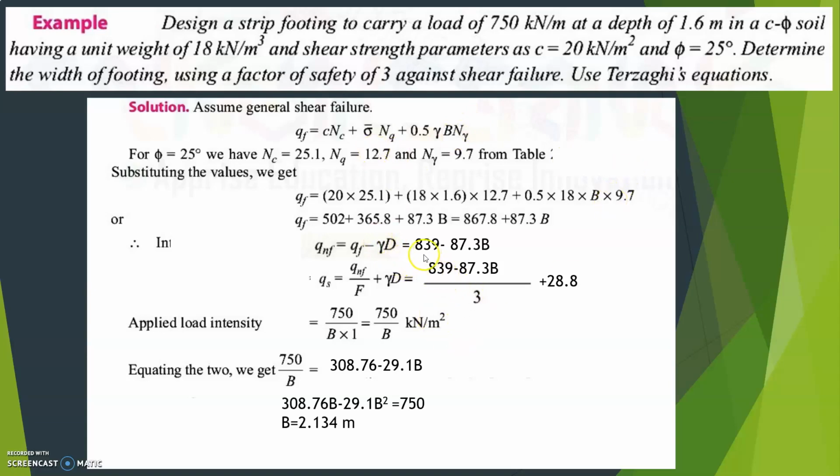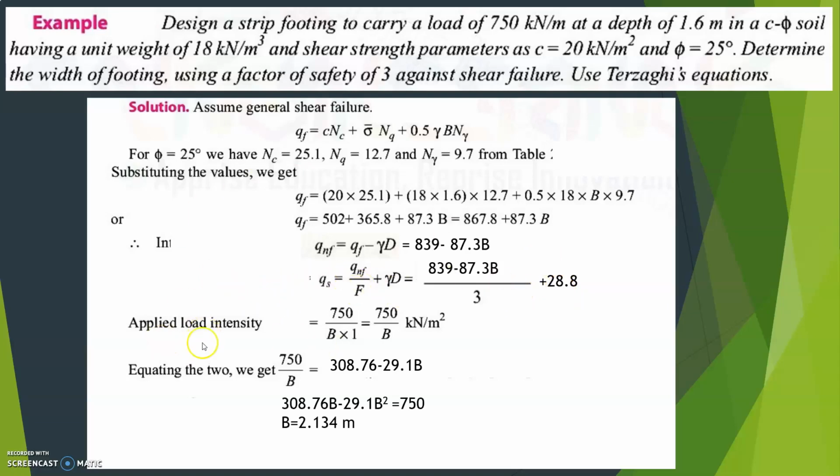So we will get 839 plus 87.3 B. Now you have to calculate what is safe bearing capacity, that is QS, that is equal to QNF divided by factor of safety plus gamma D. Okay, so QNF is 839 plus 87.3 B divided by factor of safety 3, plus gamma D, that is 1.6 into 18, 28.8. So now this is QS, safe bearing capacity.